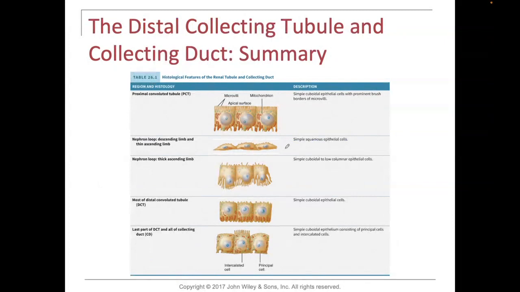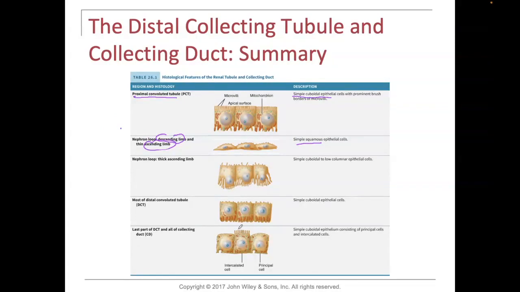Okay, now different parts of the nephron are made up of different types of cells. Just want to show you that this is the proximal convoluted tubule, and we have simple cuboidal epithelium there. At the descending limb and parts of the ascending limb, it's simple squamous.